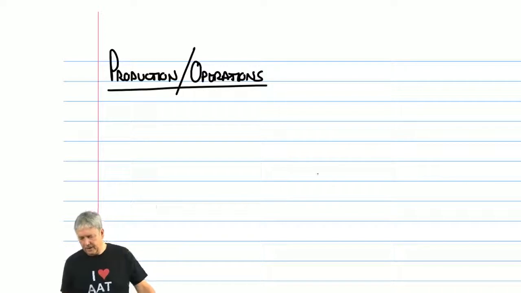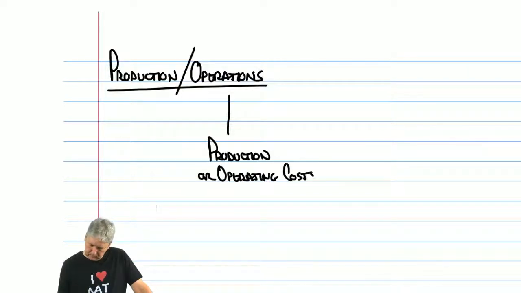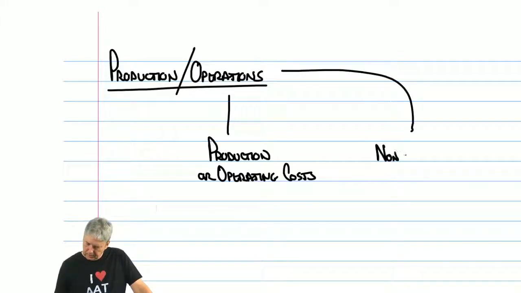And what we have here is we simply make a distinction between, on the one hand, production or operating costs, and non-production or non-operating costs.